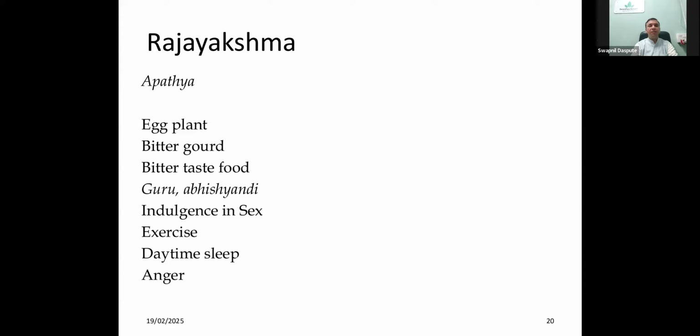This is my point of view, it may differ from other acharyas or treating doctors. Chyawanprash is heavy to digest, and unless it is digested properly, it will not show any rasayana effect on the body.